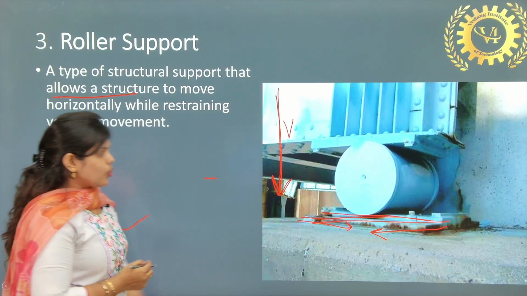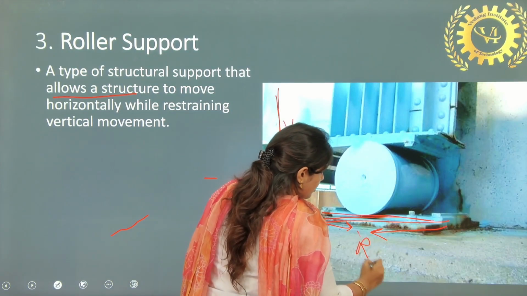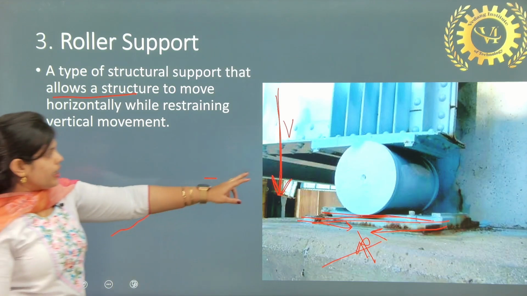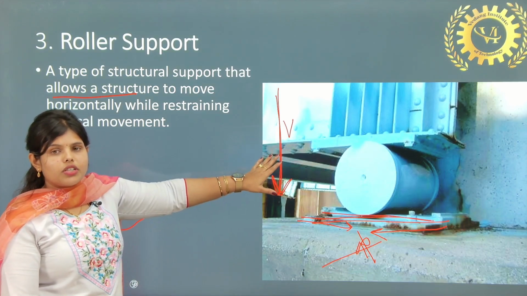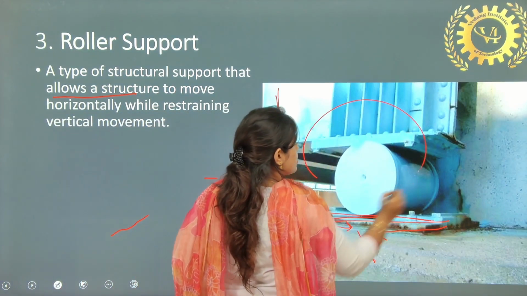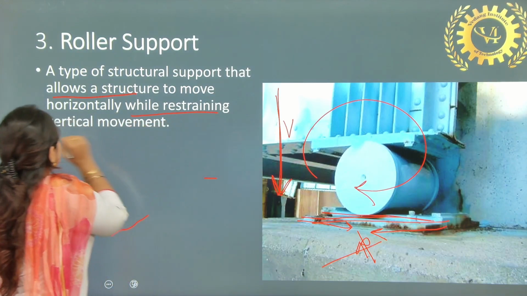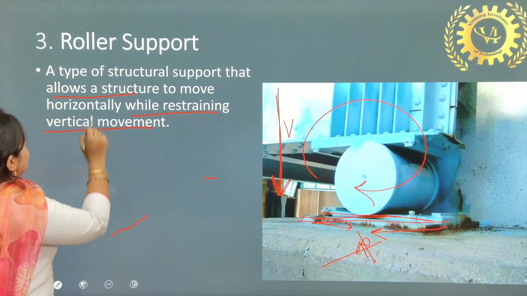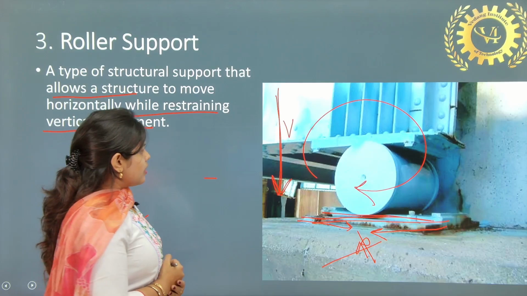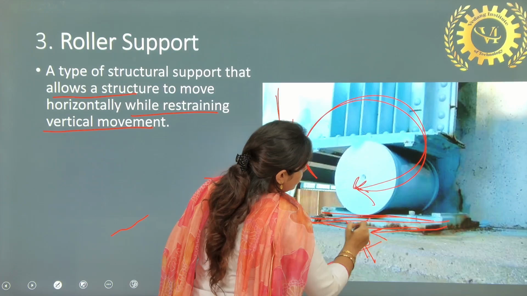In the vertical direction, the reaction occurs. In the case of movement or rotation, what happens? While restraining vertical movement, it allows only horizontal movement. That means it can rotate and it can move horizontally.